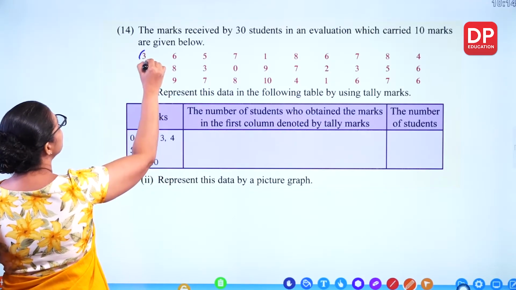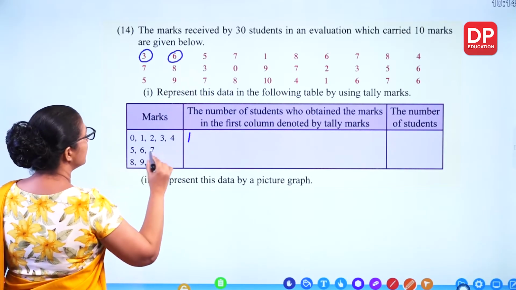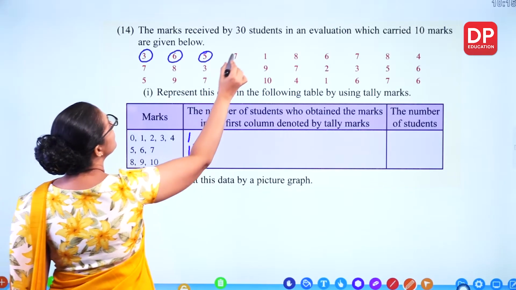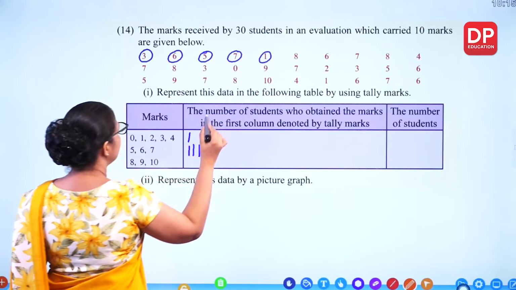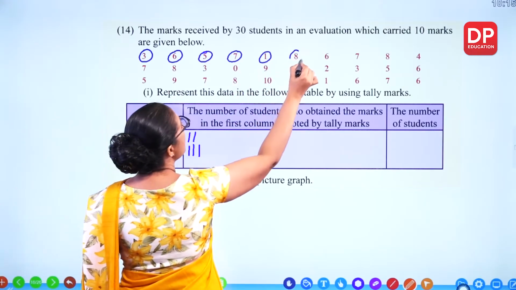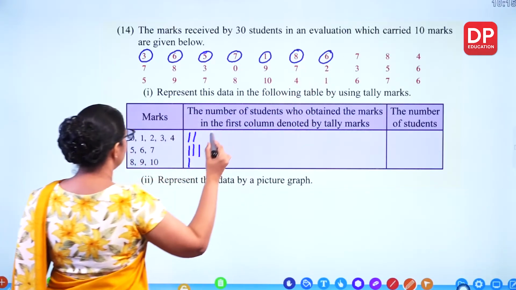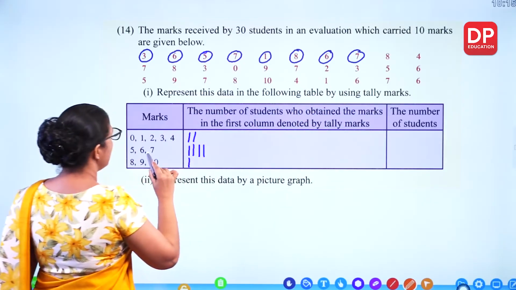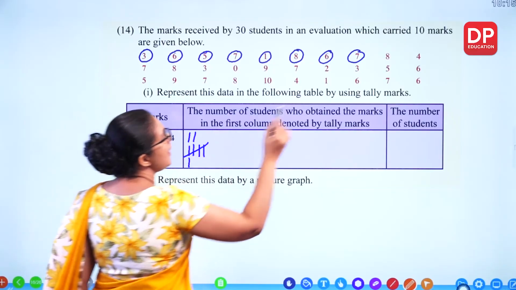3. Here. 6. 5. 7. 1. 8. 6. Here. 7. Here. So you can put a cross here. That means 5. 8.